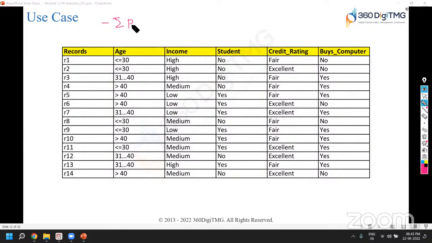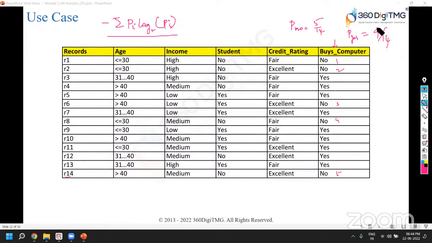Entropy is calculated as minus summation of P of I log base 2 of P of I. For example, if you look at this case, I have 1, 2, 3, 4, 5 cases of no. So out of how many? 14. So the probability of no is 5 by 14. If the probability of no is 5 by 14, the probability of yes will be the remaining data points, which is nothing but 9 by 14.